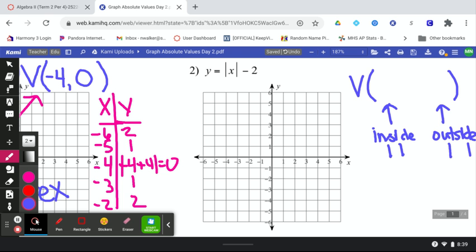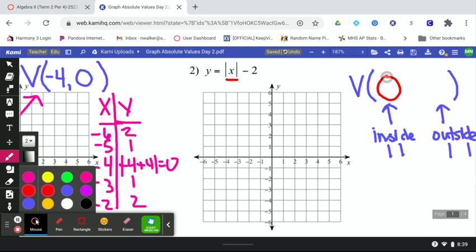It's not an 11. If we look at this first equation, are we adding or subtracting anything on the inside? Nope. Look inside the absolute value. If we're not adding anything, that's a 0, right? We're not adding a thing. Now we are subtracting a 2 after, so that's your y coordinate. We only switch signs on the x-axis, never on the y.